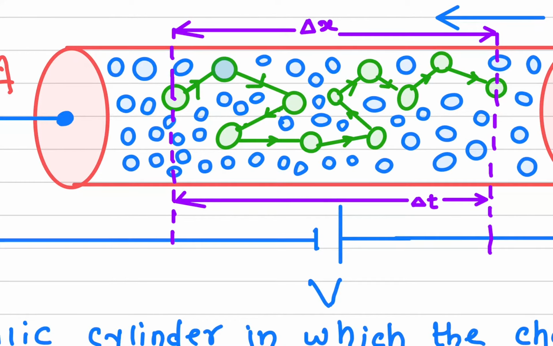But over a long period of time, the electrons move slightly in the forward direction, or in the direction of the electric field, or in the direction of the preferred path. So although there are collisions all the time with the other electrons, the electric field makes the charge carriers move in a preferred direction.